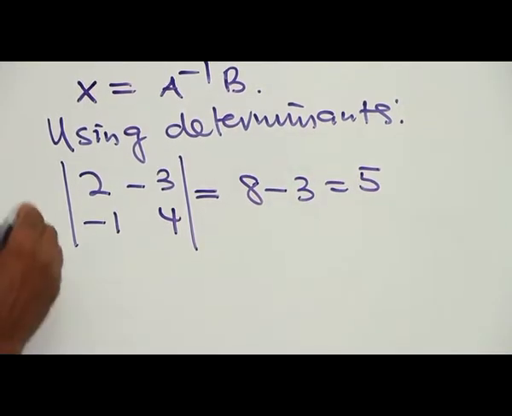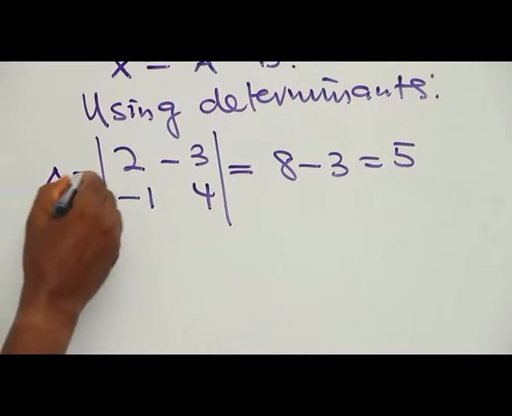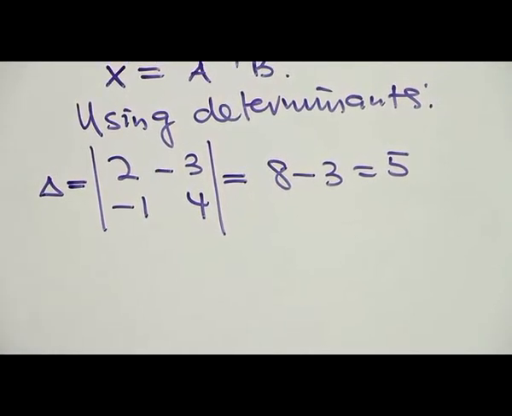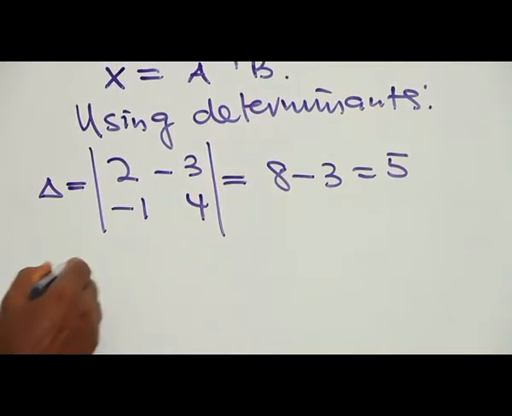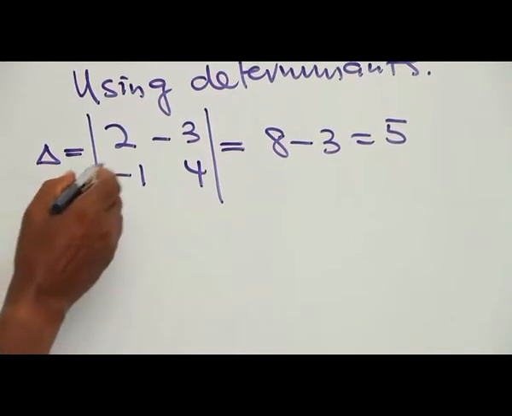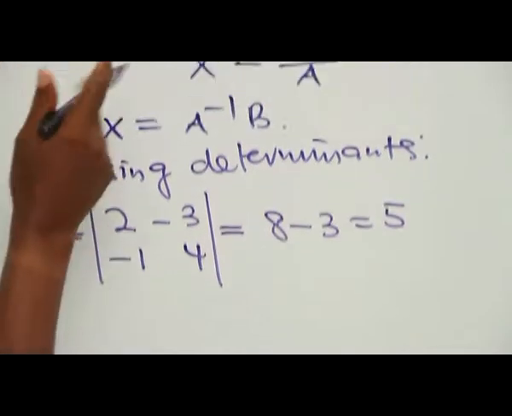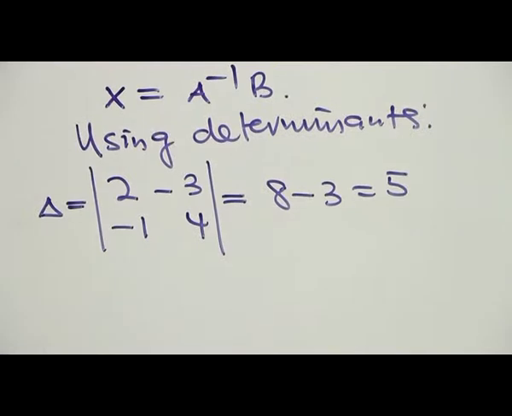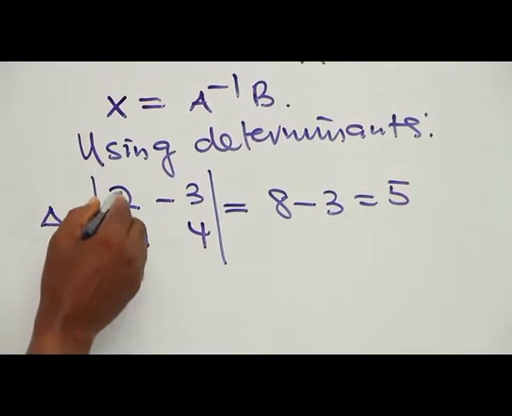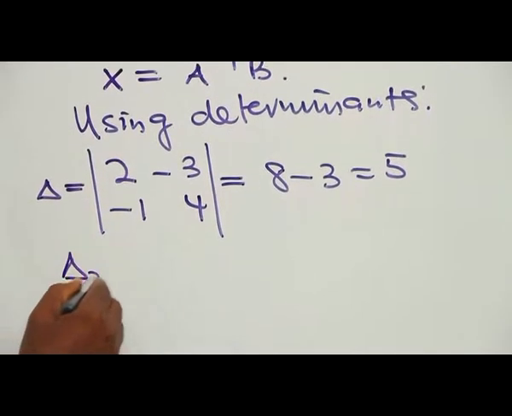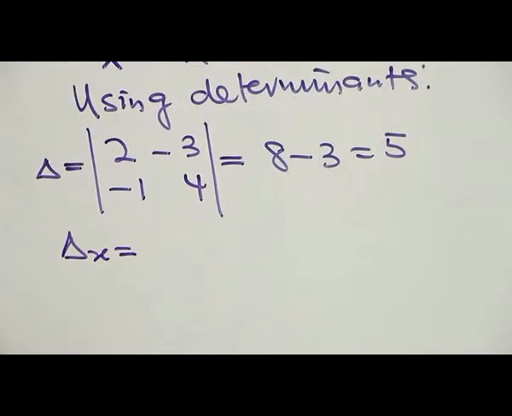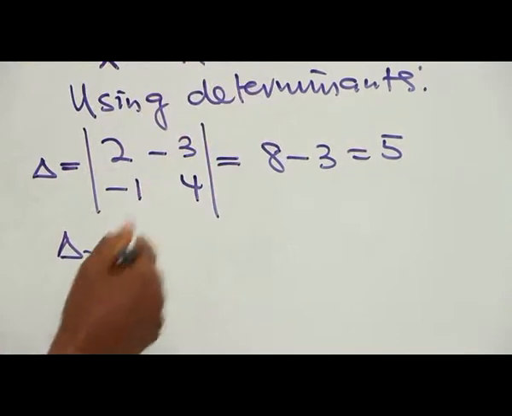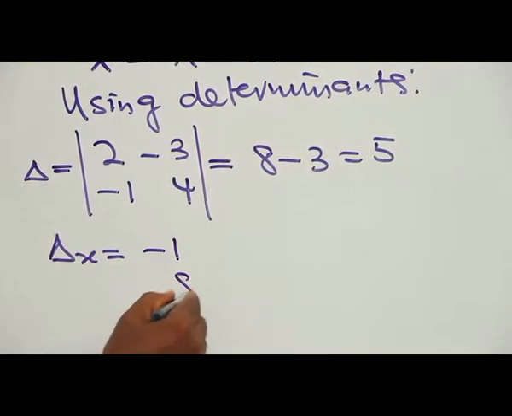So the first thing is getting the determinant. Let's call it this delta symbol. When we are getting that, we now write, because we are looking for S, we have S and Y. The first column is for S, the second one is for Y. Replace the first column to have the determinant of S. Replace this first column by the right hand side, which is minus 1 and 8.